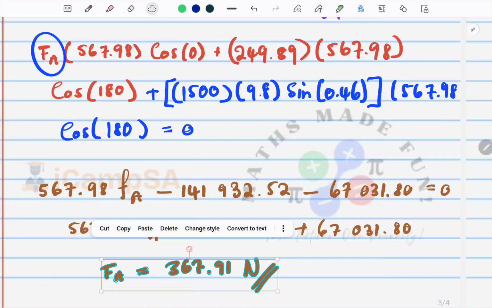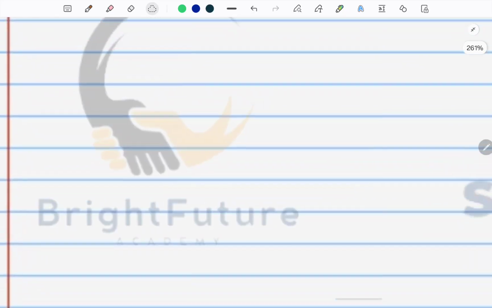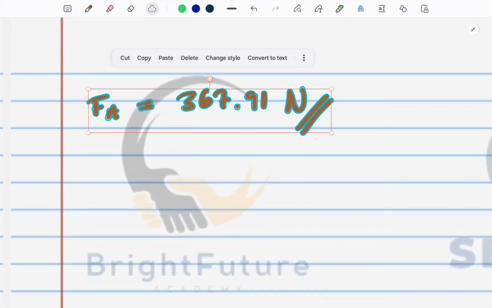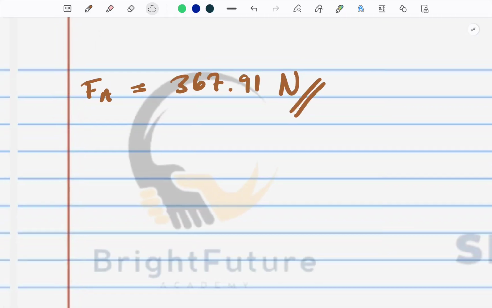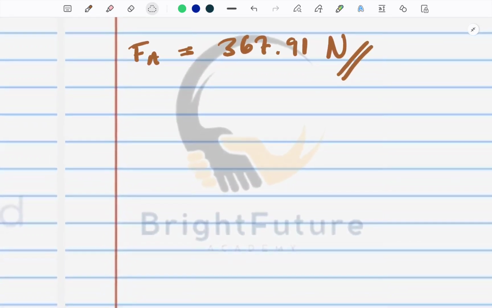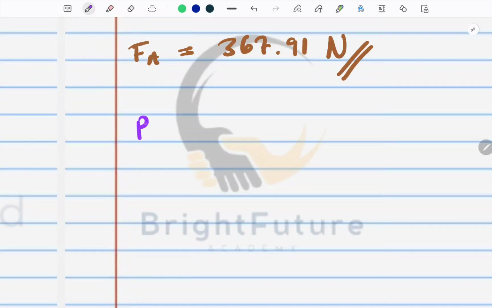Okay, now from here I can come here and see if I can calculate my power, because we were looking for power all along. So now we can say power is equal to the force times velocity.